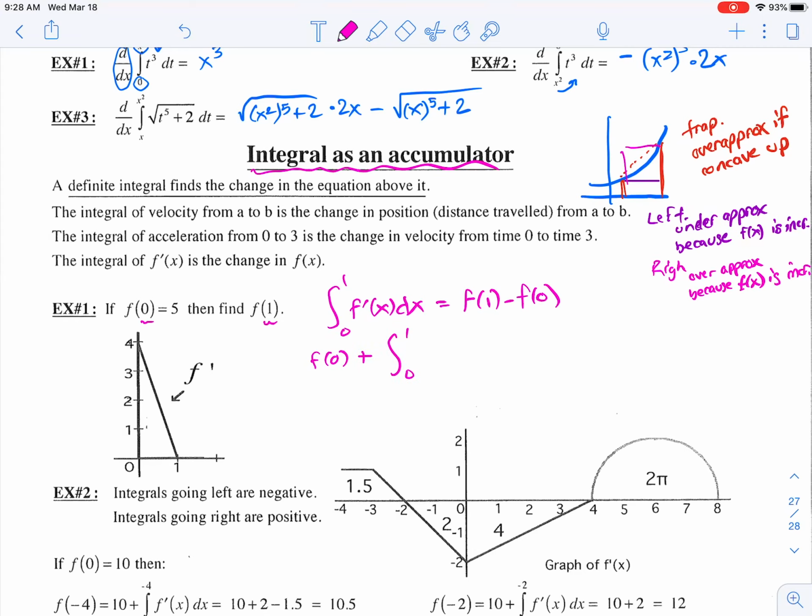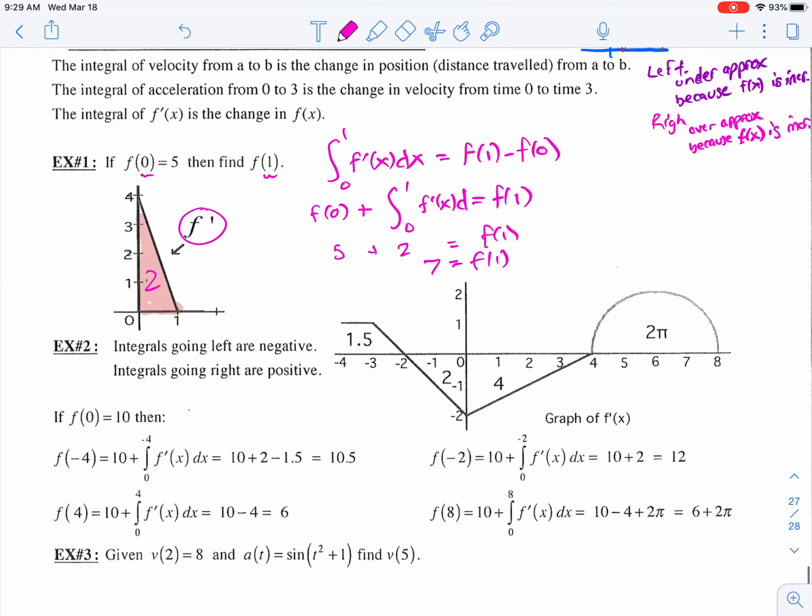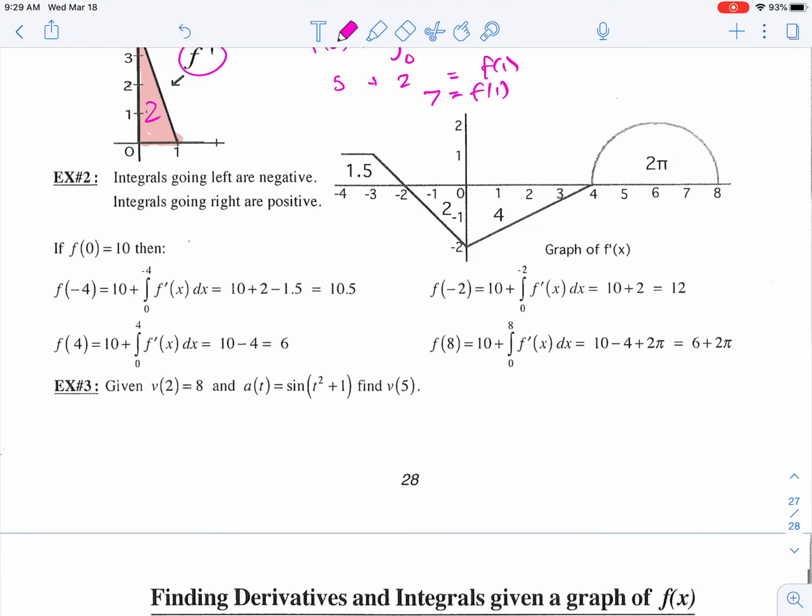So then if we have f of 0, we do f of 0 plus integral from 0 to 1 of f prime of x dx equals f of 1. Now sometimes you could find an equation for f prime of x, as you could here, but really it's just a shape, so just do your area. Area of that triangle is 2. So then 5 plus 2 gives me f of 1. In other words, f of 1 is 7.